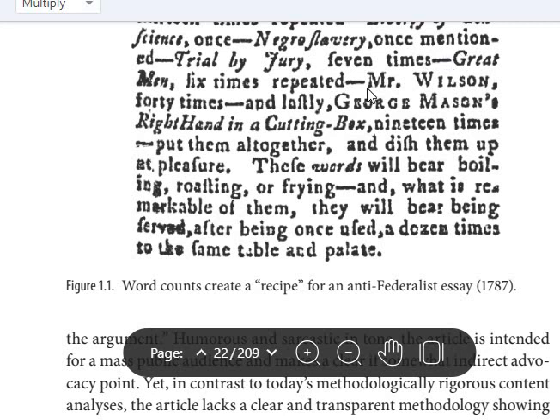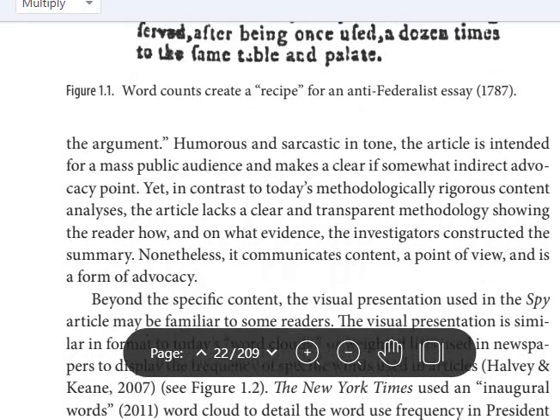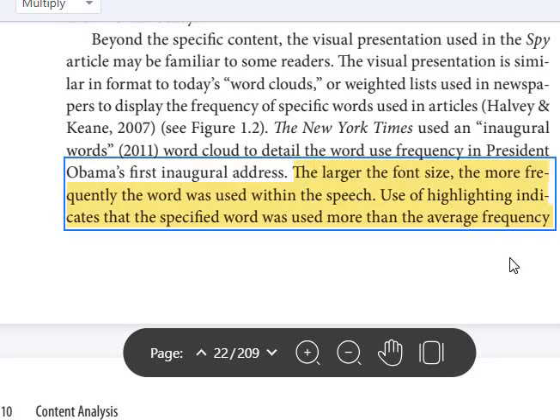Some words were larger than others, and some words were capitalized to show their importance. So if you want to highlight a certain point or idea, you can maximize the size, highlight it, or put it in bold. The use of highlighting indicates that the specified word was used more than the average frequency.